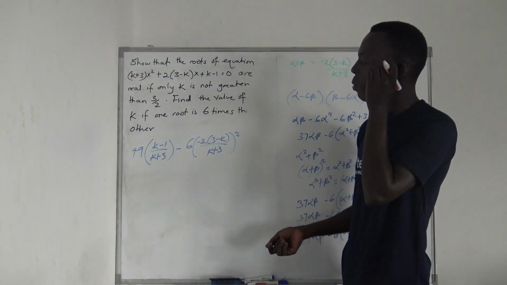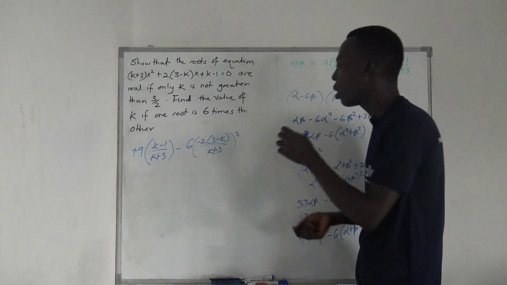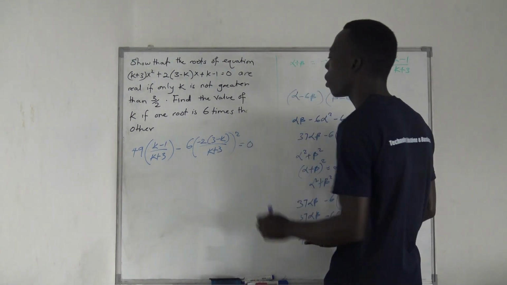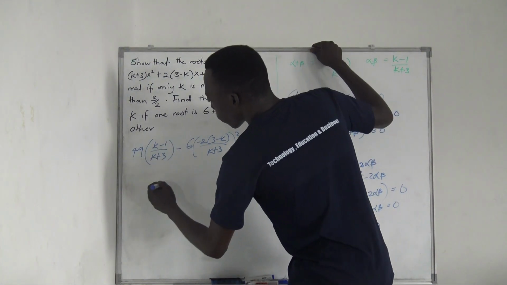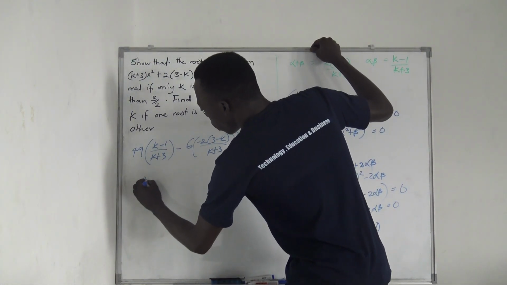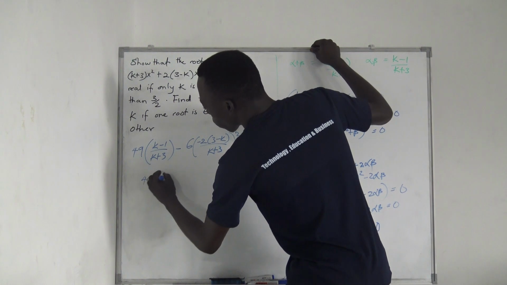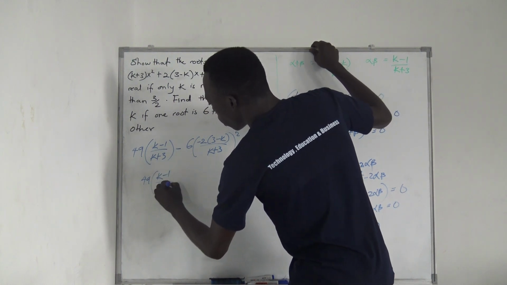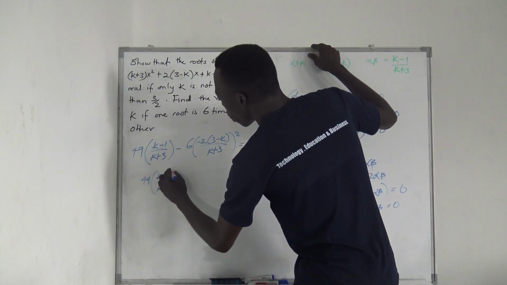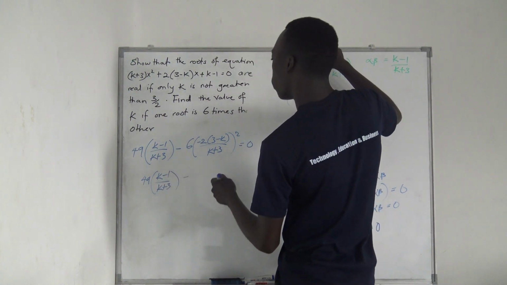So now we have to apply a square on each of these. Here it becomes 49 into k minus 1 out of k plus 3, minus.